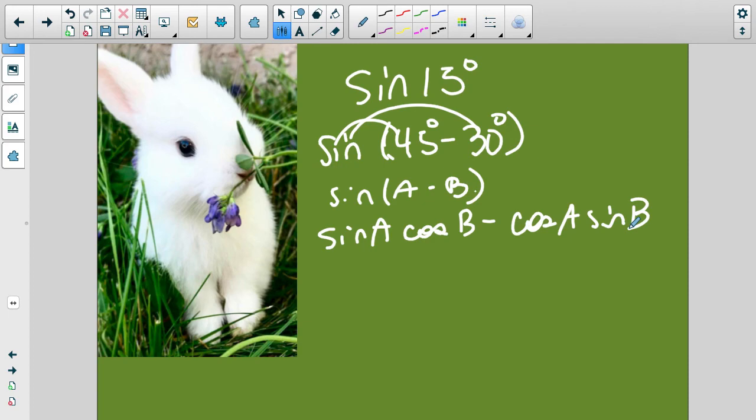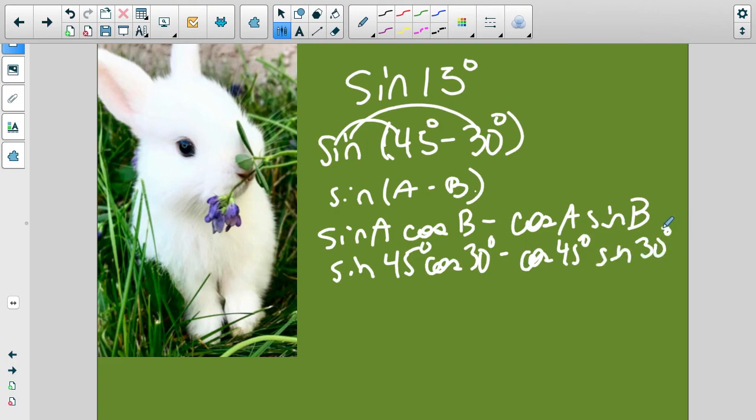In this case, what's my A? 45. Cosine B, 30. Minus cosine A, sine B. You're putting it in a little pattern. Do you see the pattern on your sheet, Ava? Yes. I'm following that pattern.